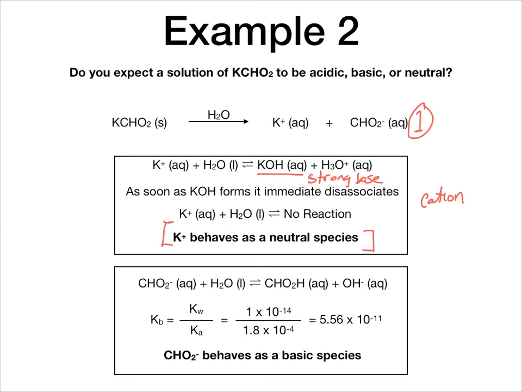Likewise, the formate ion, for the anion, forms an equilibrium with water, creating formic acid, which is a weak acid. Therefore, the formate ion behaves as a weak base, producing a solution that is basic. And the reaction has a Kb value found using the Ka from the table.